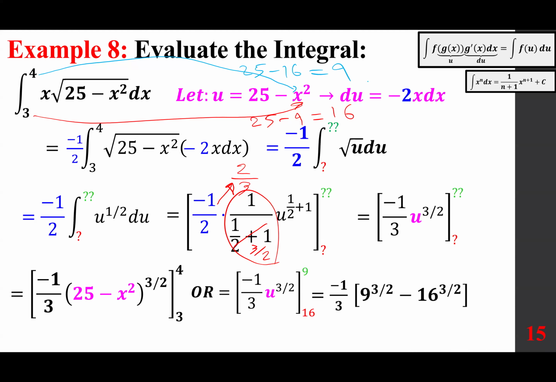So 9 to the power of 3/2 minus 16 to the power of 3/2, and in front, we have negative 1/3. 9 to the power of 3/2 means square root of 9, 3 cubed, 27. 16 to the power of 3/2 means square root of 16, 4 cubed, 64. 27 minus 64 is negative 37, times negative 1/3 is positive 37/3, and that's the final answer, everybody.